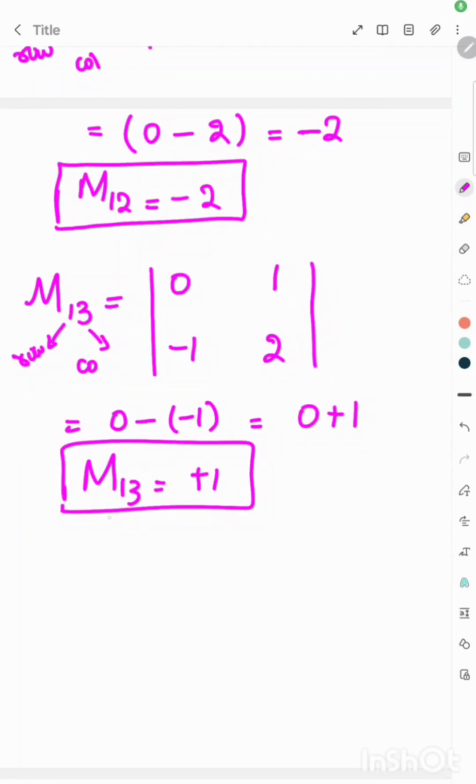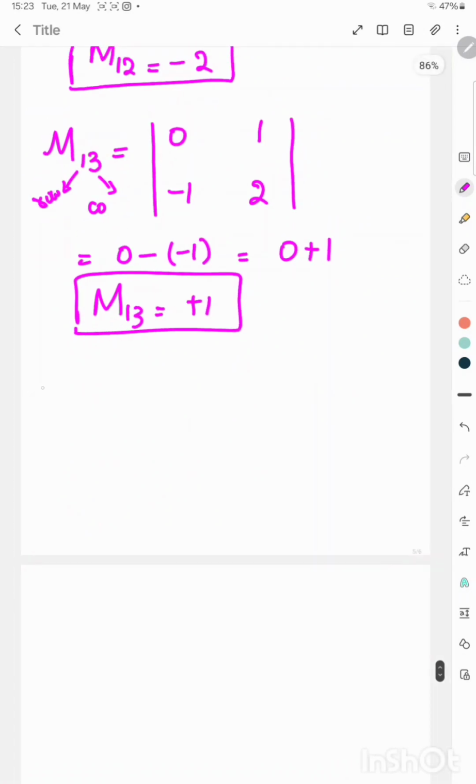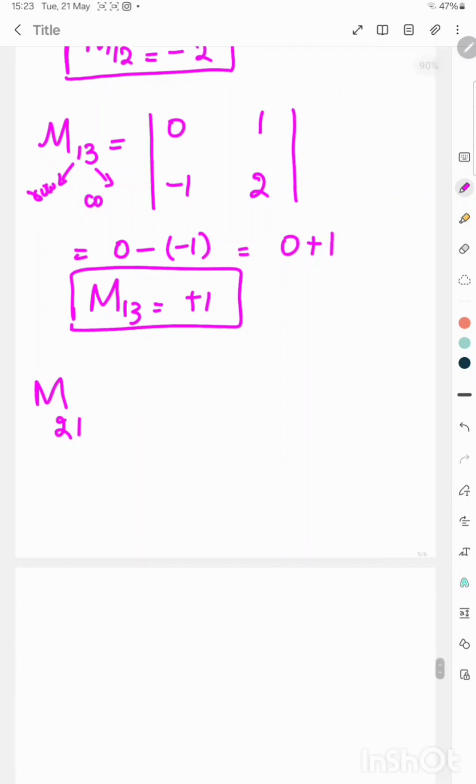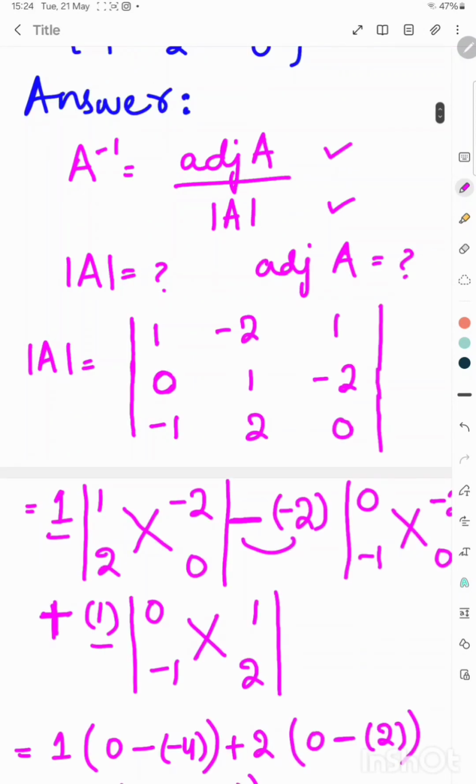As I have found the third minor, now I will go for the fourth minor, which is M21. Here 2 shows the row and 1 shows the column. So now I have to eliminate the second row and first column from the given matrix. What remains is minus 2, 1, 2, 0.